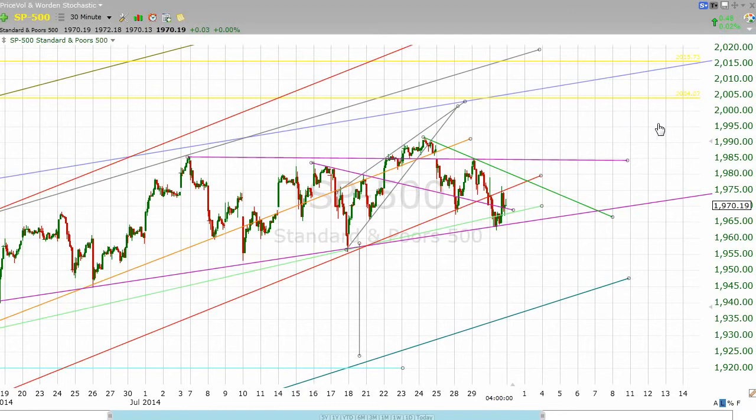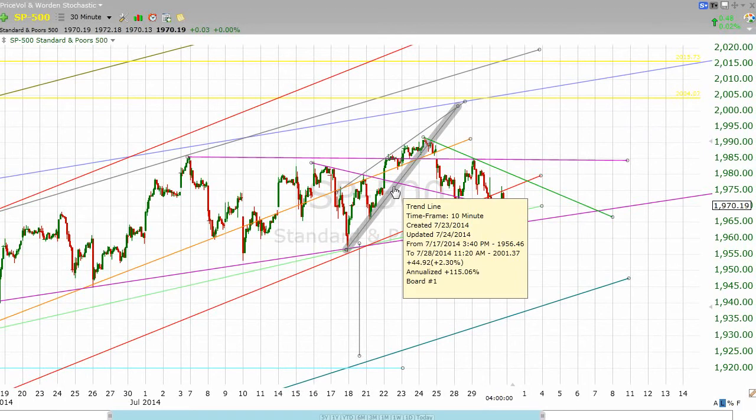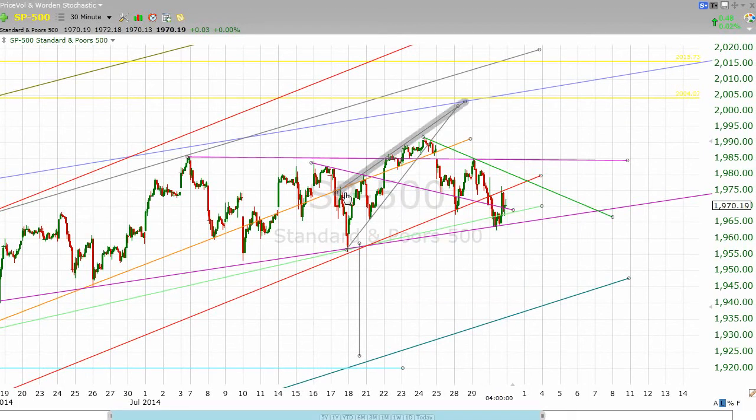Interesting to note that we did have this ascending wedge back in the middle of July that really started forming around the 17th and 18th.